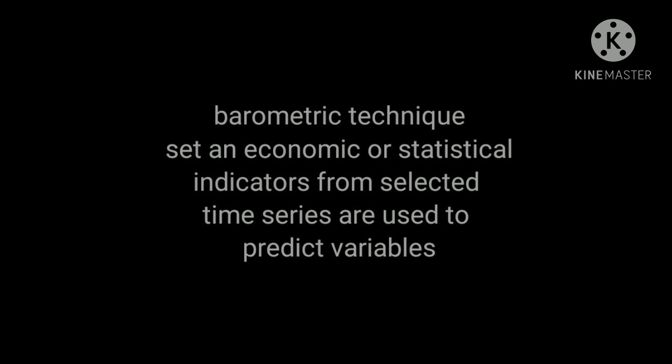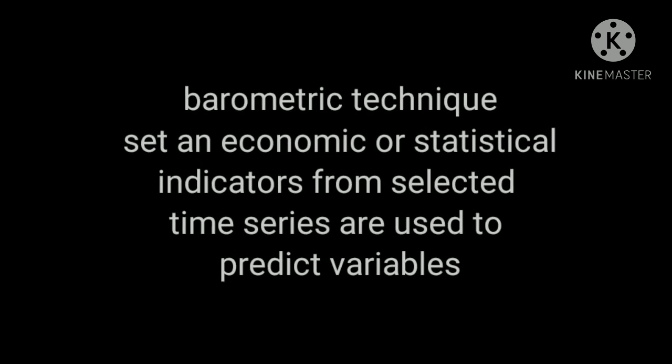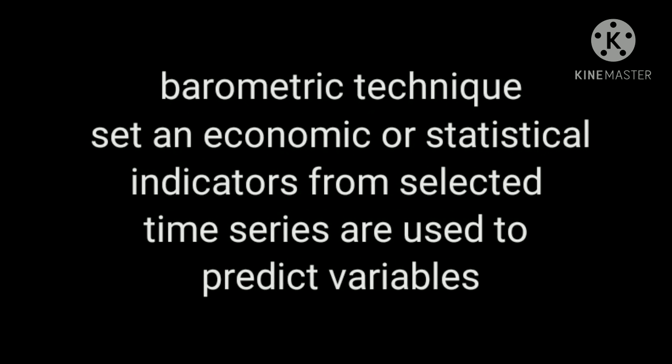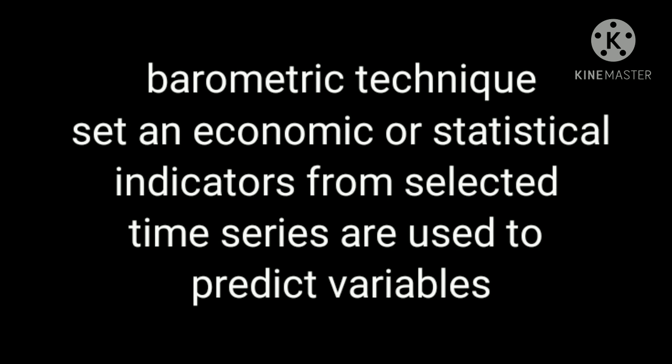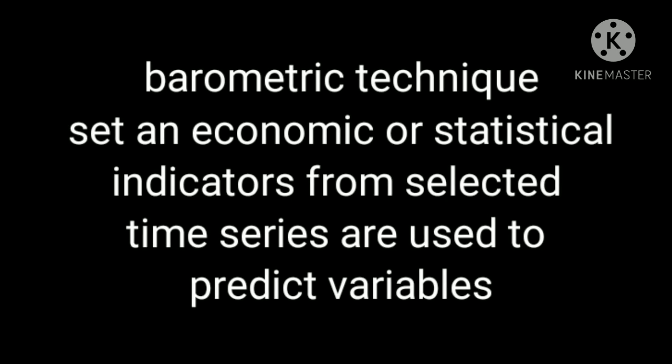These indicators are used to predict the variables. This method is used for short-term forecast and cannot be used for new products demand forecasting. Sometimes it's very difficult to get appropriate economic indicator to predict future trend, and that is one of the main drawbacks of this barometric technique.